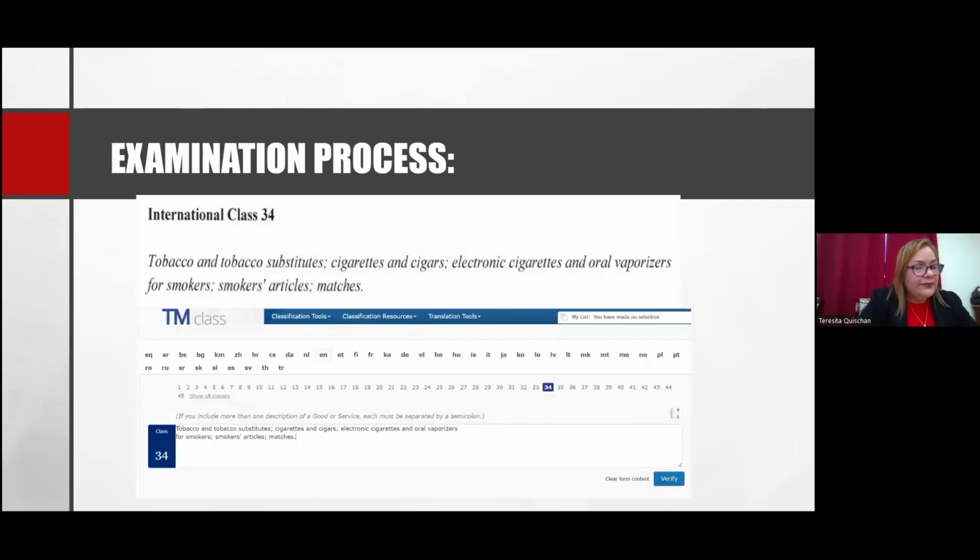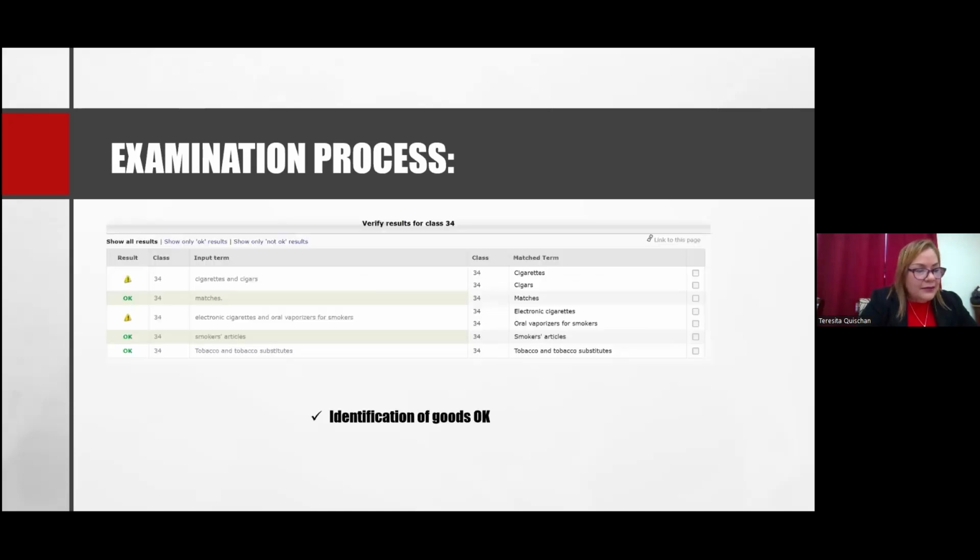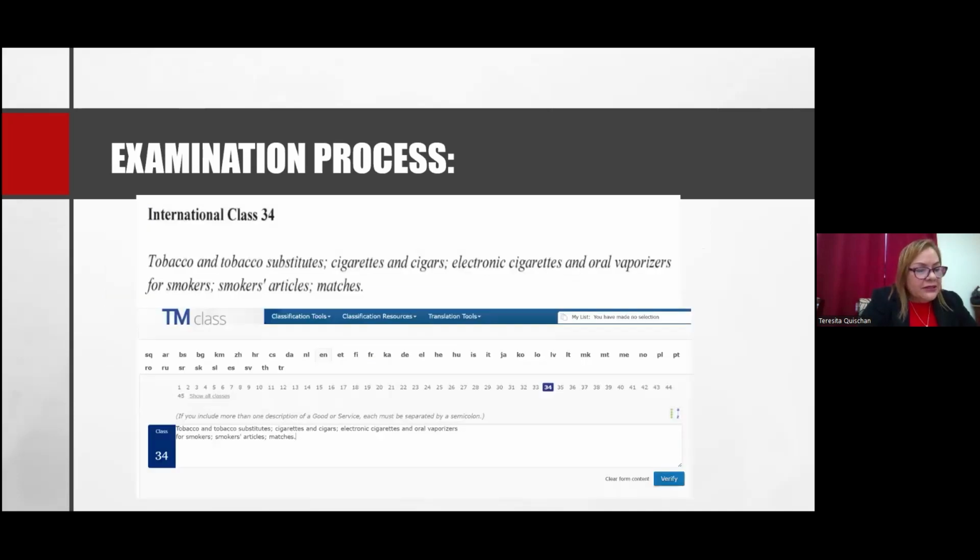When it comes to the TM Class search tool, we rely heavily on the classification feature to verify the list of terms.